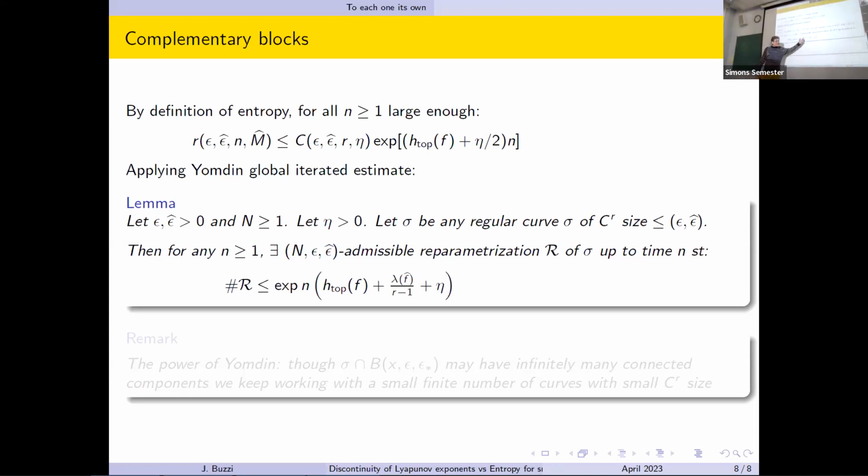It's exactly this: you have to go to this scale. But here we are dealing with the lift, so it's not the Lipschitz constant of f, but of f hat, and f hat is only C^(R-1). It's really a Yomdin result, which in dimension 1, I will put in the notes eventually, is really simple, once you have the idea.